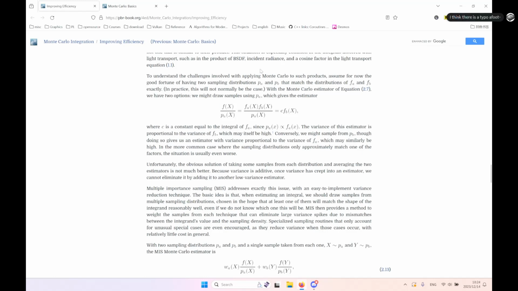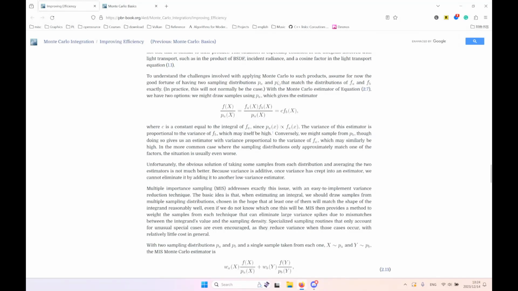If we have, for example, two sample distributions PA and PB that match the distributions of FA and FB exactly, then if we use PA as our distribution, we get an estimator like this, whose variance depends on FB.